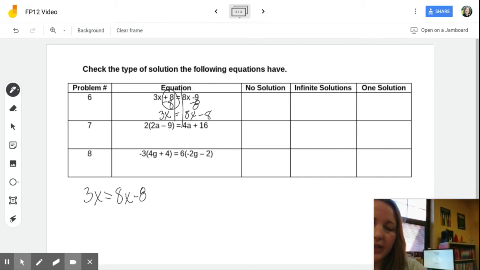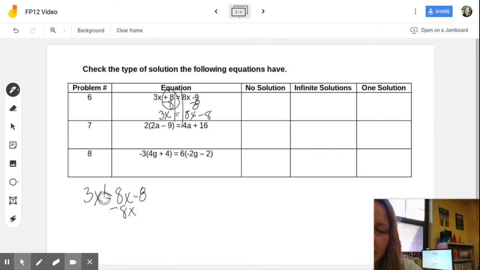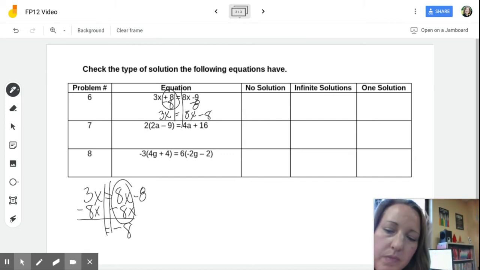Okay, so now we're going to combine our x's. These are like terms, the same coefficient and the same variable. So we're going to subtract 8x from both sides. So here we have additive inverses that makes a 0. I'm left with a negative 8 here is equal to 3 minus 8.